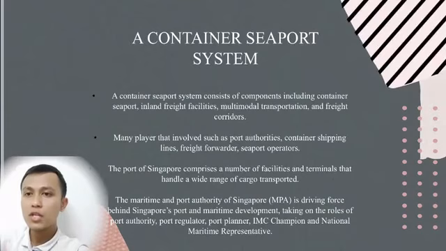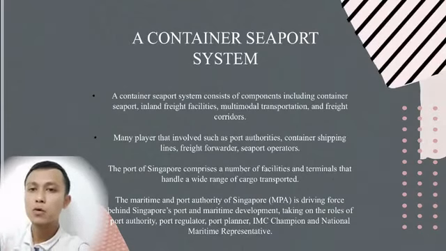A container seaport system consists of components including container seaport, inland freight facilities, multimodal transportation, and freight corridor. There are many players involved, such as port authorities, container shipping liner, freight forwarder, seaport operator.